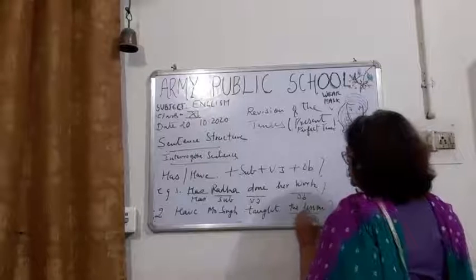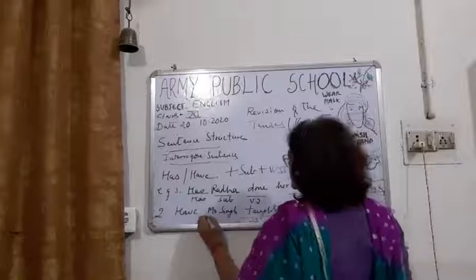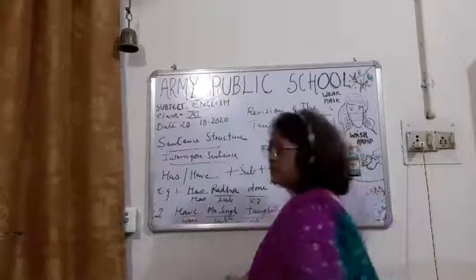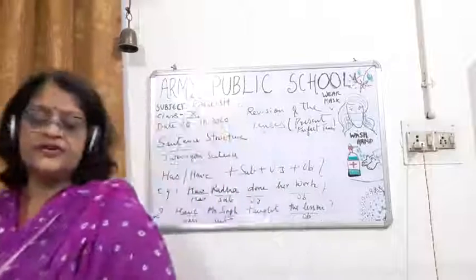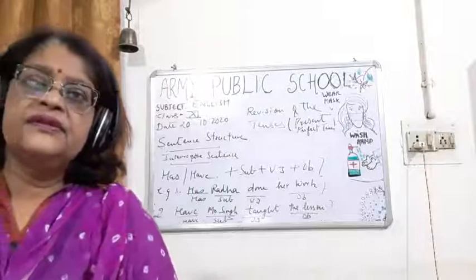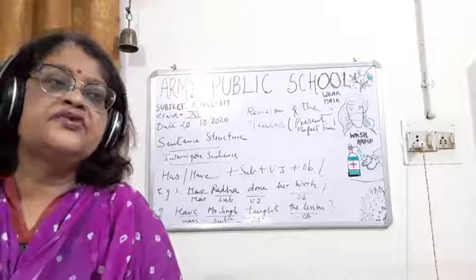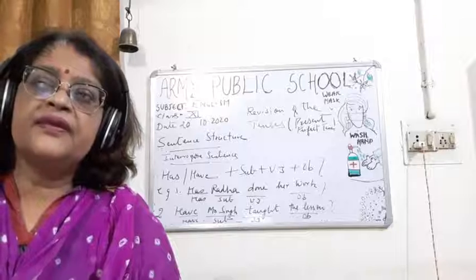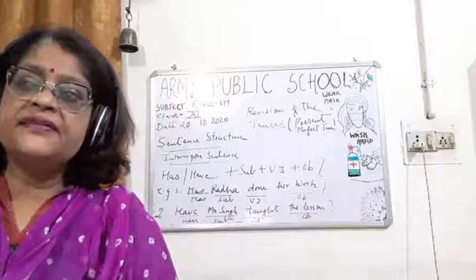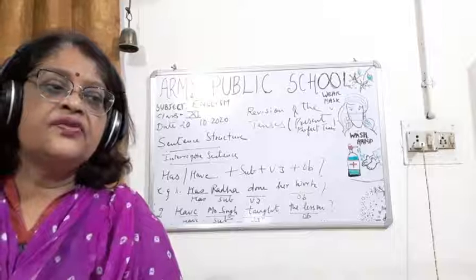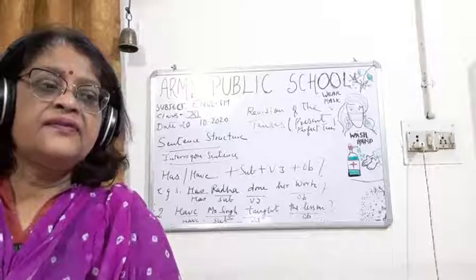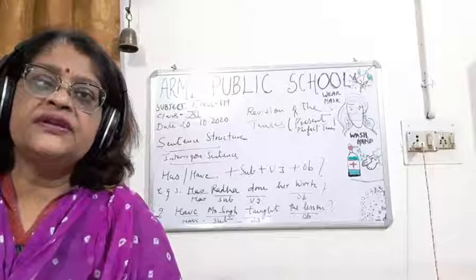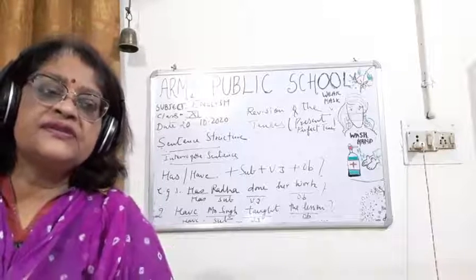So this is have, subject, V3, and object. Children, I have written two examples of interrogative sentences. We can write some more, like: have they taken their medicine? Have they gone for driving?